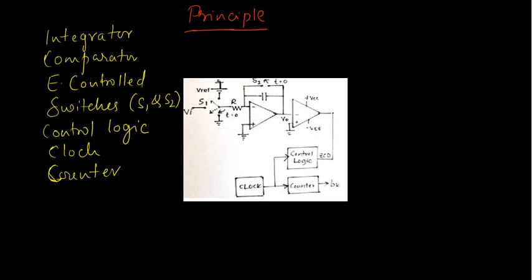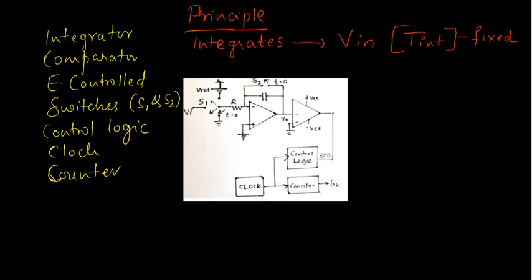So as per the principle, this dual slope analog to digital converter integrates. This is a very important point to be noted. It integrates the unknown input voltage V in for a fixed time T INT. So this is the fixed interval of time, and it de-integrates a certain reference voltage V reference for T DEINT.